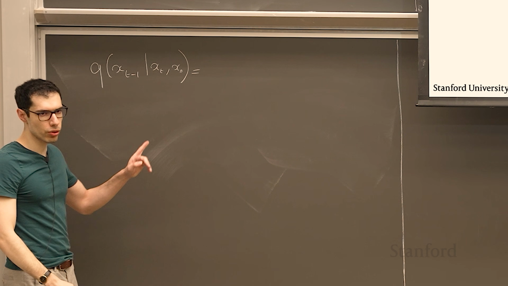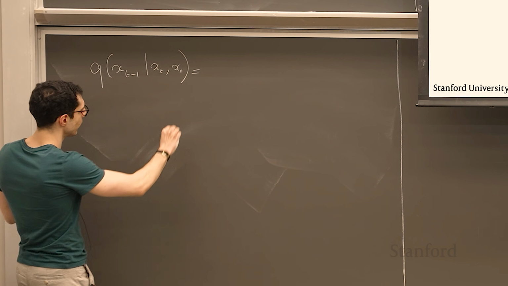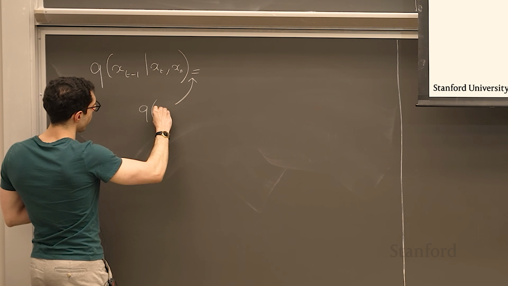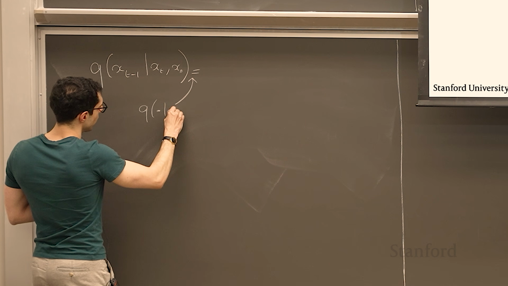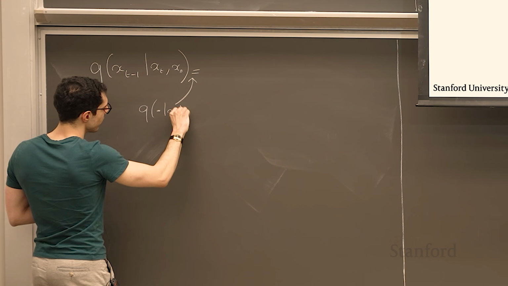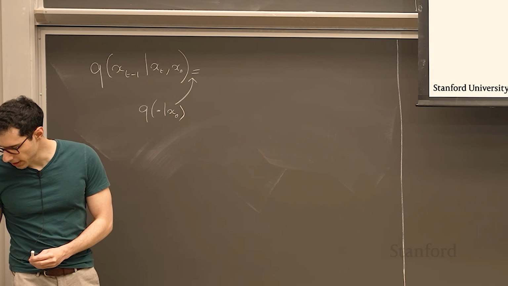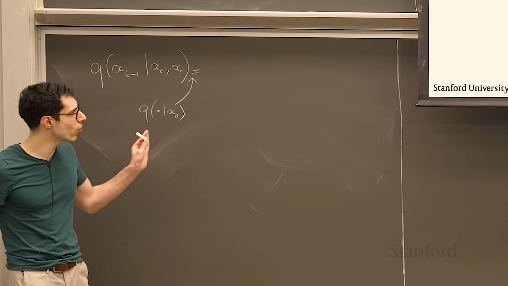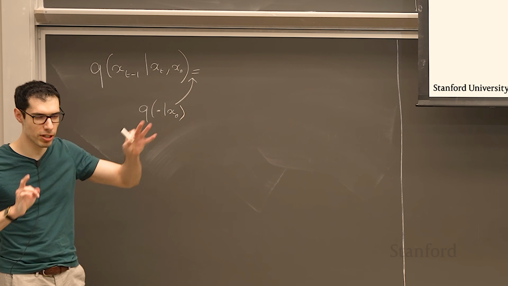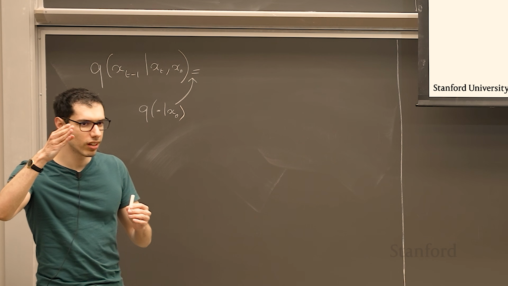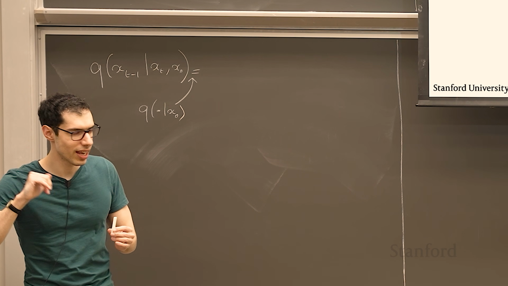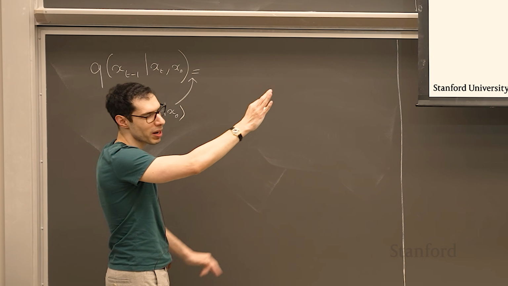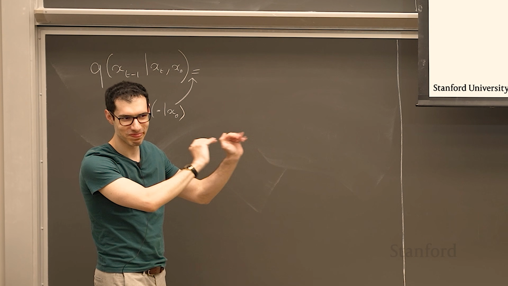If we were to use Bayes' rule, considering P equal to Q conditional on x0, I'm just applying Bayes' rule.